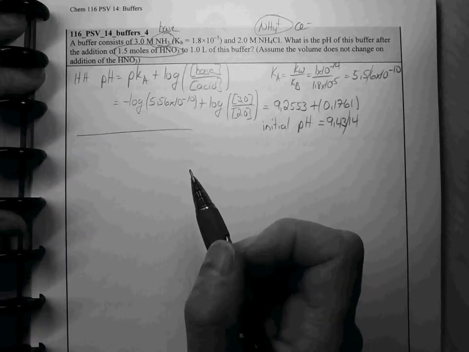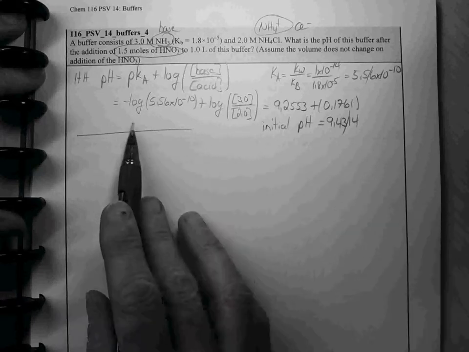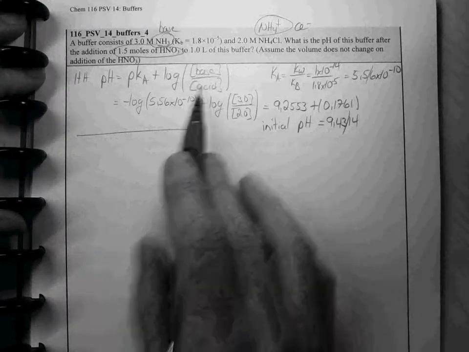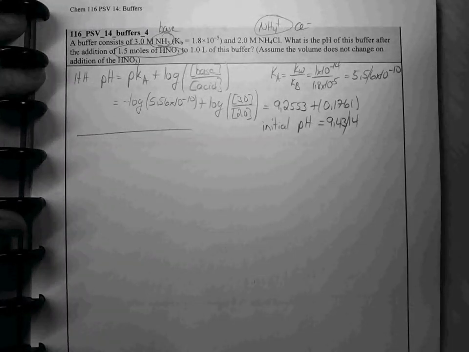Alright, so what's going to happen when we add acid to the buffer is that the ratio of the base to the acid will change. So let's calculate what that new ratio is going to be.